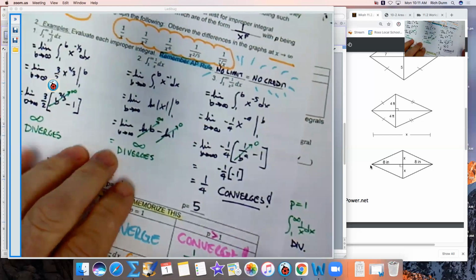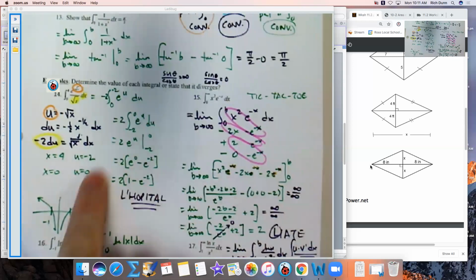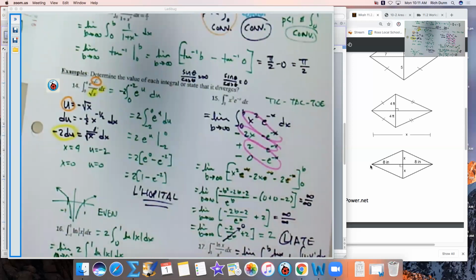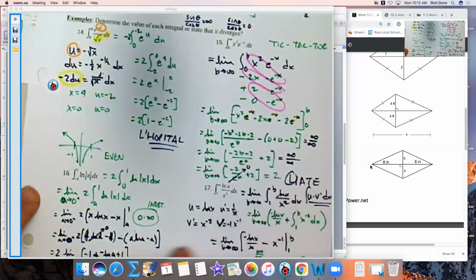And then I did a few more examples based upon what we've done on the first unit and from all of the last units. A little tic-tac-toe, a little substitution, and some UV primes are necessary. All of these were improper, so I had to write the limits.